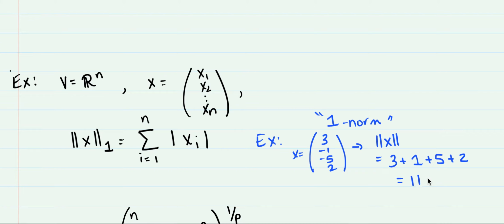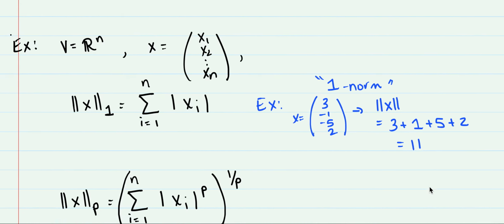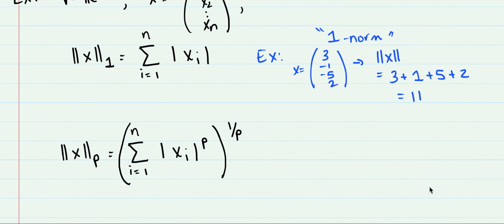And you can check that it satisfies those 3 properties: the triangle inequality, the property where you can take the scalar out, and the property where for every vector the length is greater than or equal to 0. Another example of a norm, another way to measure the length of a vector, is the p norm here.